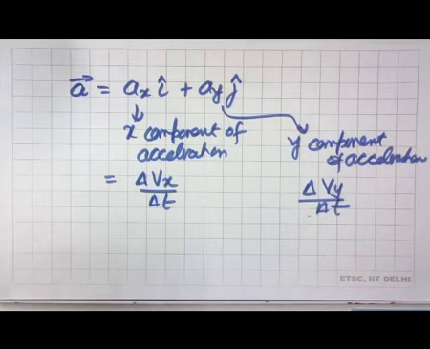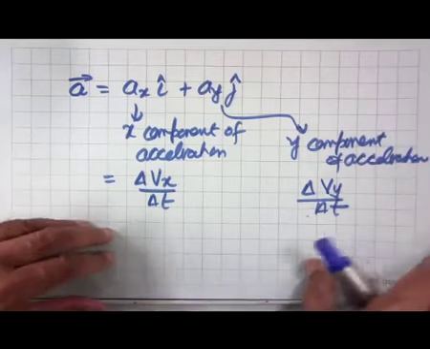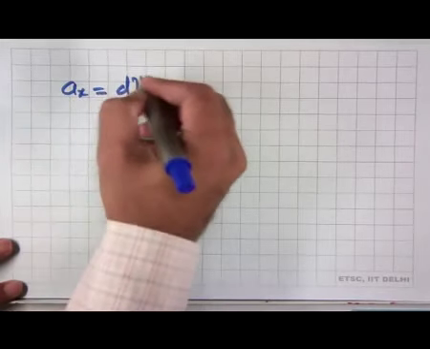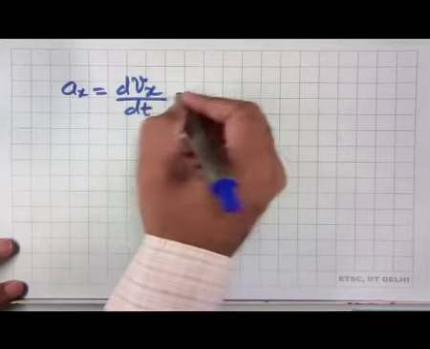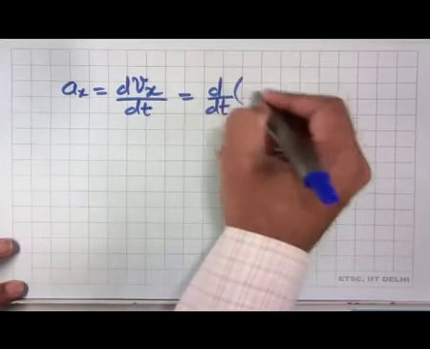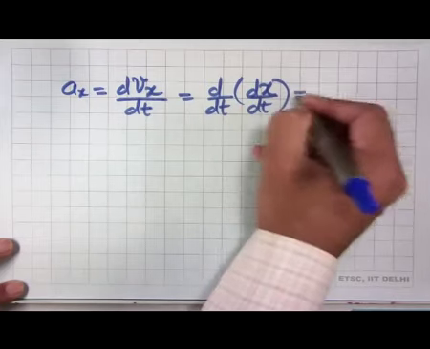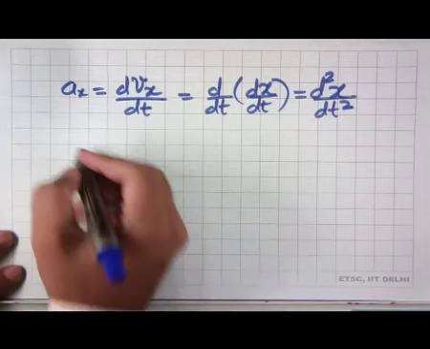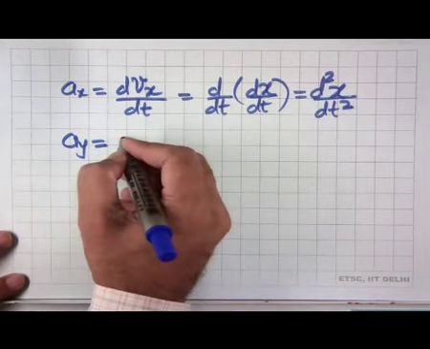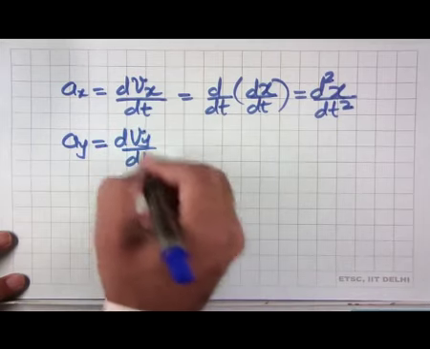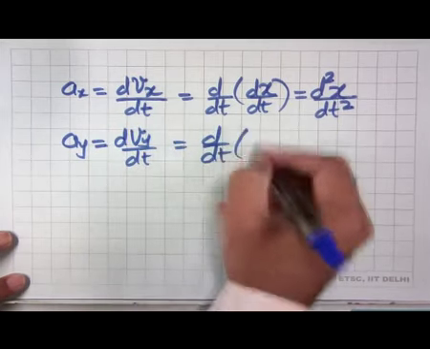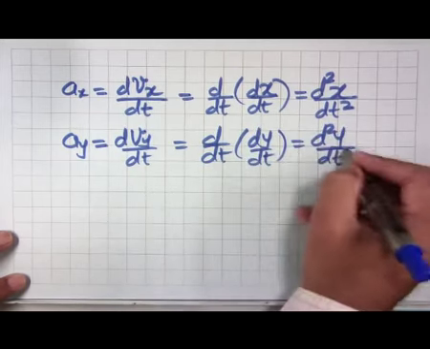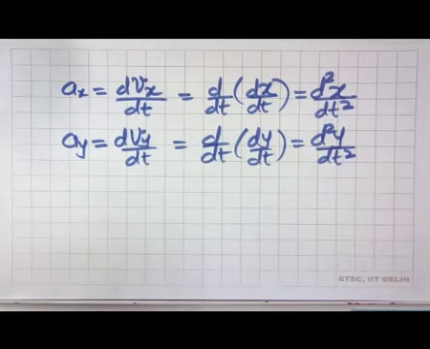So, therefore, what we can see here is that the x component of acceleration, which is the derivative of the x component of velocity, is nothing but d by dt of dx by dt, and this can also be written as the second derivative of x with respect to time, and similarly the y component of acceleration is dvy by dt, and this can be written as d by dt of dy by dt, which will be the second derivative of the y component of displacement.